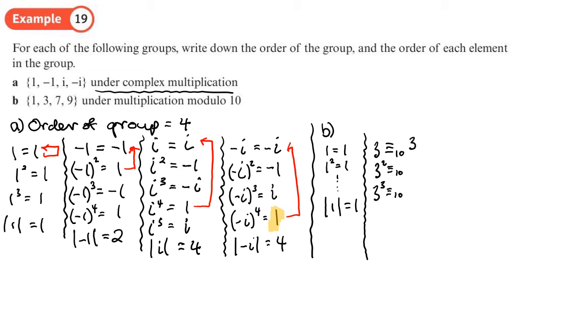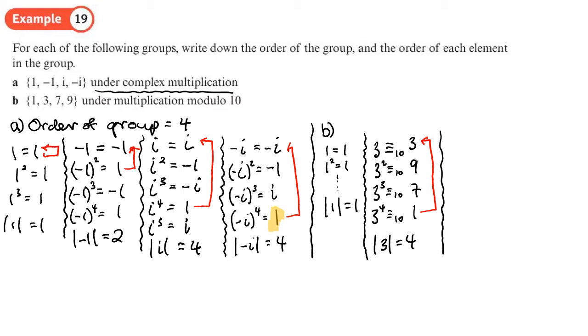So this was 3, 9, 7, and then 3 to the power 4 is 81, so that's a remainder of 1. 1 is the identity under any type of multiplication. So that takes us back to the original. So the order of 3 is 4.